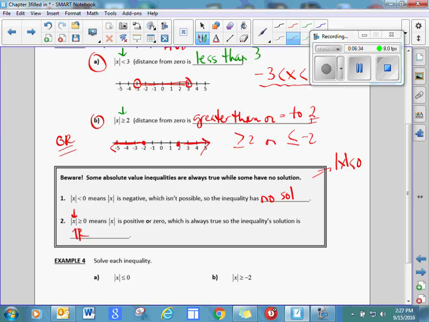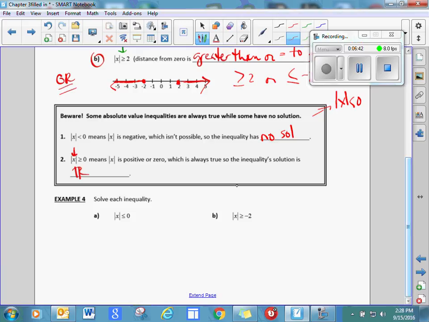So these two are really kind of some special absolute value type problems, and we'll work a few of them down the way. Okay, so let's look at this one. Actually, here's one right here. I think both of these are two examples of what we just talked about up here. So tell me all the numbers that you can possibly put in here whose absolute value is less than or equal to 0.